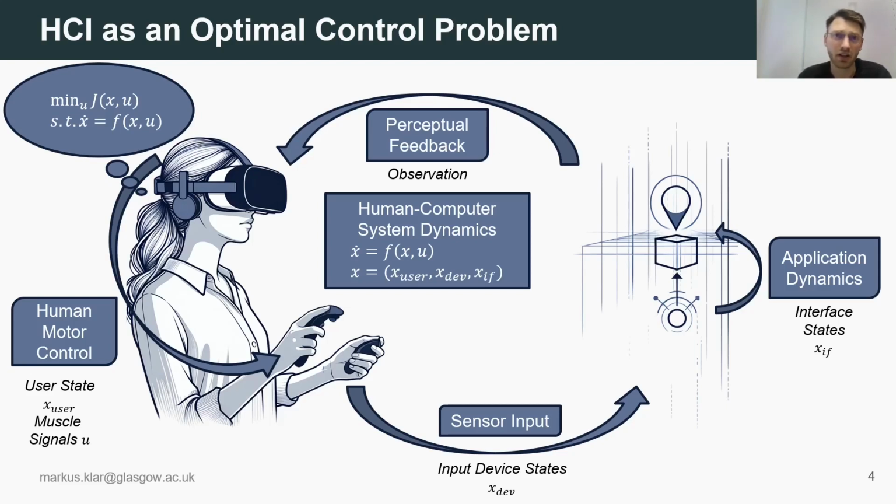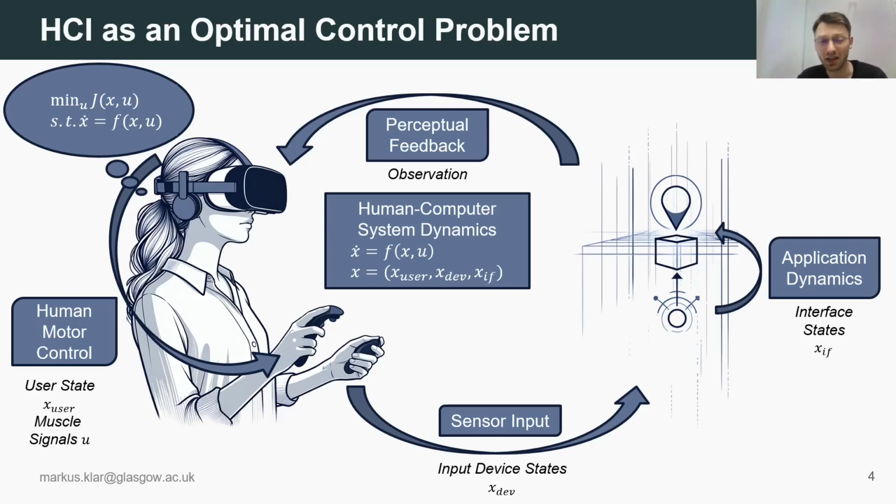Now, this optimization must happen subject to the constraints posed by the human-computer system dynamics. For example, the body of the user can't move in another way than their biomechanics allow it to.